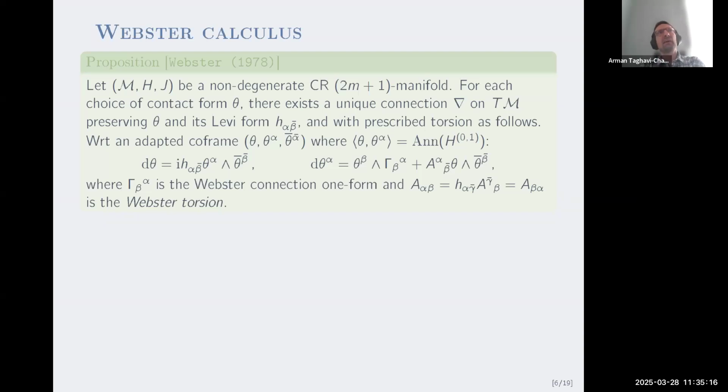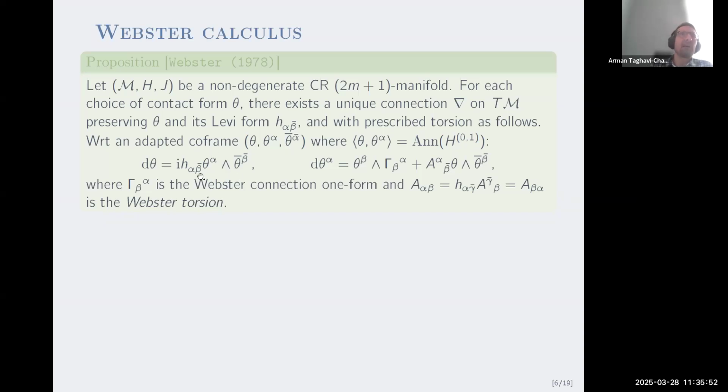Besides, it also has torsion, so it's not like the Levi-Civita connection. But this torsion has prescribed symmetries. I can write this out in terms of an adapted coframe, where theta is my contact form, and then theta alpha are joined to theta and are actually the annihilator of the H01 distribution.